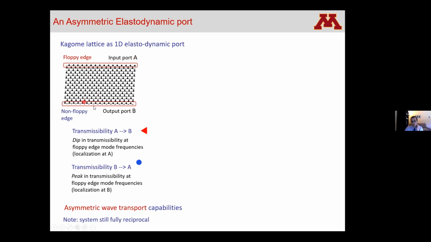This will be my output port. So it's like a two-port input-output system. Okay? And I'm going to repeat the experiment, exciting both at the non-floppy edge, as well as the floppy edge. So for excitation at the floppy edge, this would be the red triangle markers. And for an excitation at the non-floppy edge, it would be the blue circles, the blue dots.